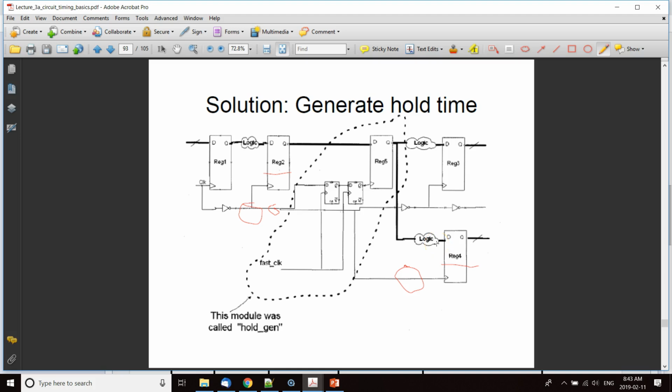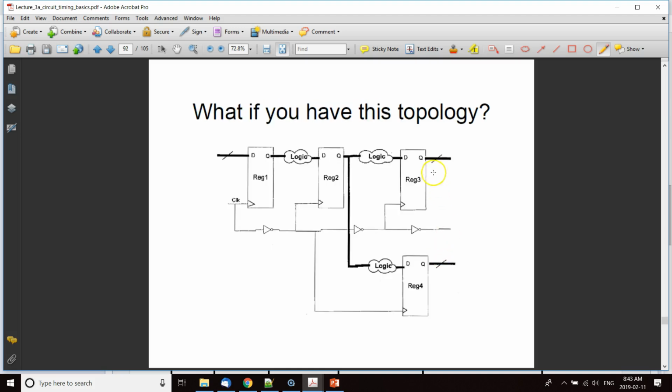People follow me, or did I lose everyone? Did I lose someone? Right? The point. What was the problem here? The problem was these two, Reg 2 and Reg 4, changed at the same time, with the same clock edge, but there was skew going to Reg 4, which caused us problems in this path, just like we saw before, when two flip-flops have the same clock but with skew.